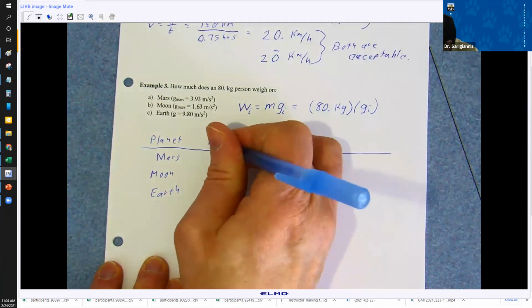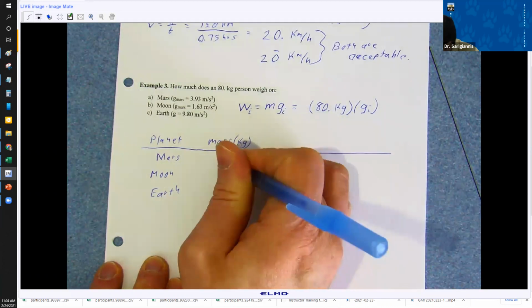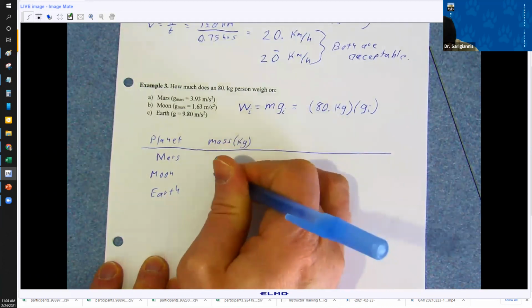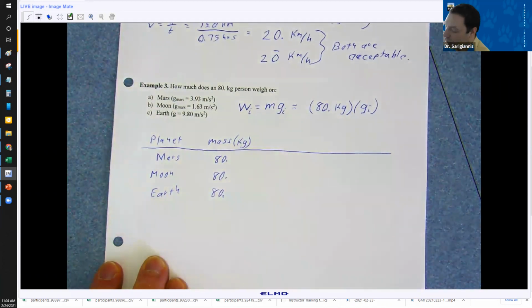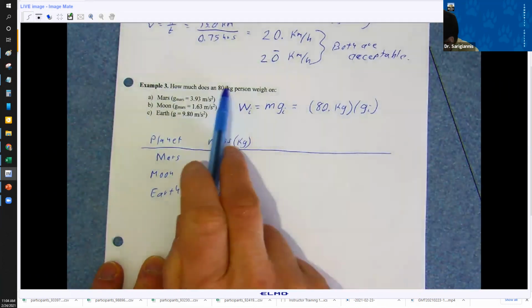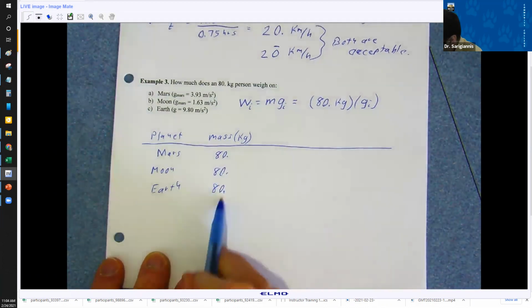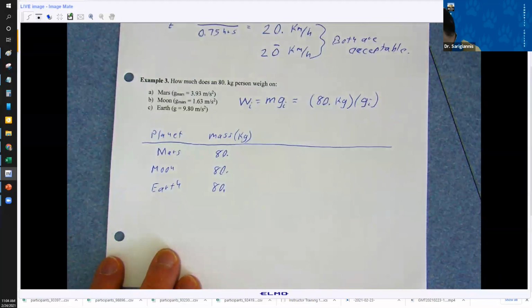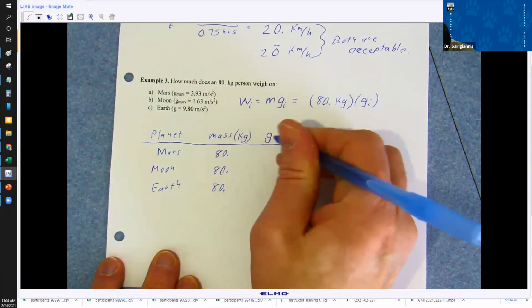And the mass is constant, right? I just want you to recognize, I should change this to 3 significant figures. I hate writing just a decimal point like that. And then gravity is what varies on each planet, right?